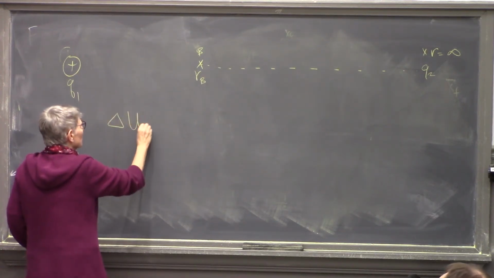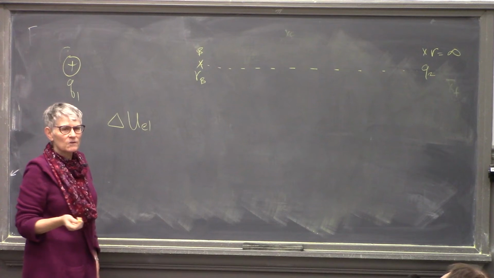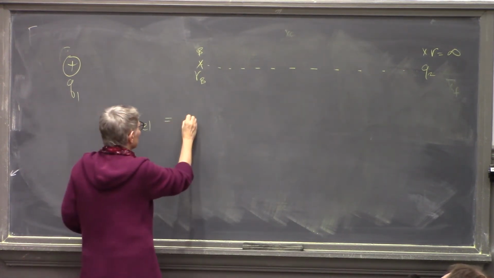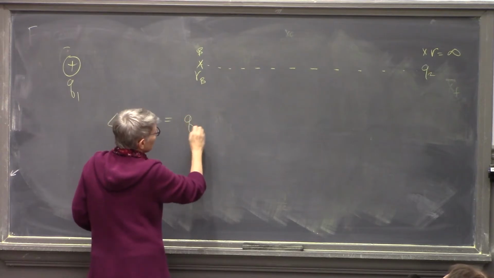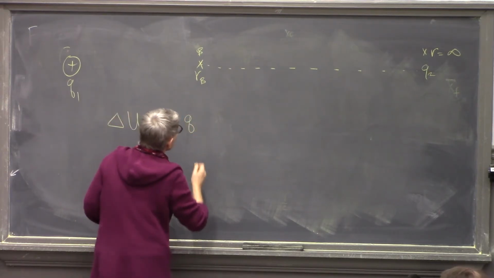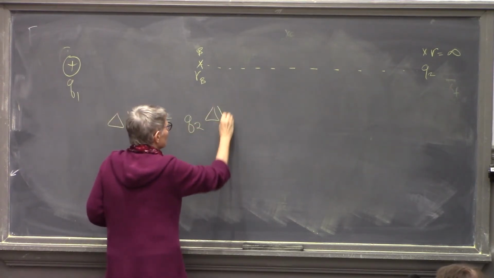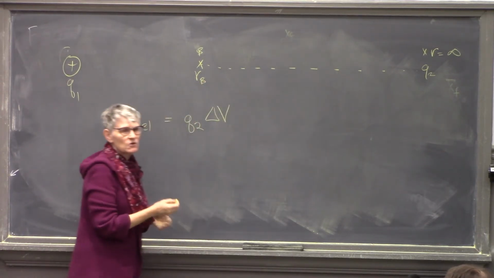So the change in electric potential energy of the system is just q2 times the difference in potential between these two locations.